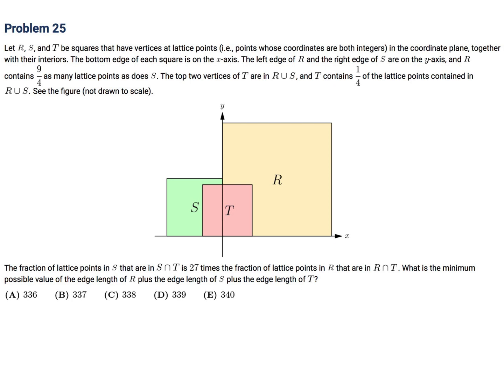The left edge of R and the right edge of S are on the y-axis, and R contains 9/4 as many lattice points as does S. The top two vertices of T are in R union S, and T contains 1/4 of the lattice points contained in R union S. The fraction of lattice points in S that are in S intersection T is 27 times the fraction of lattice points in R that are in R intersection T. What is the minimum possible value of the edge length of R plus the edge length of S plus the edge length of T?